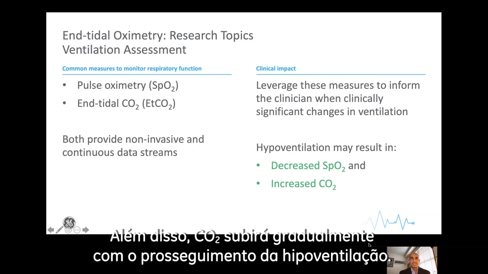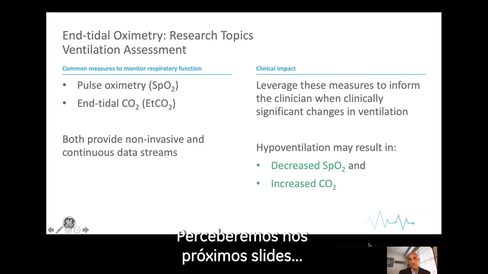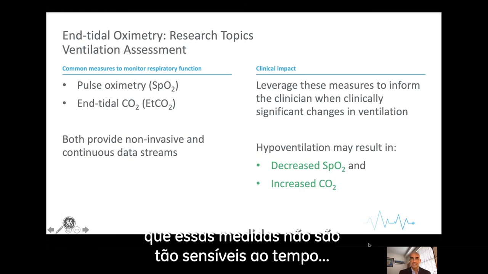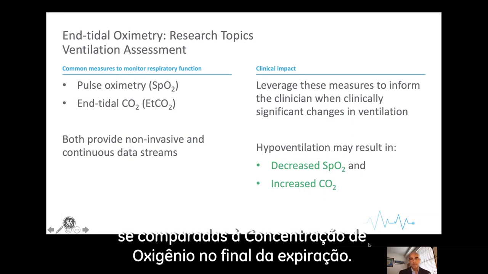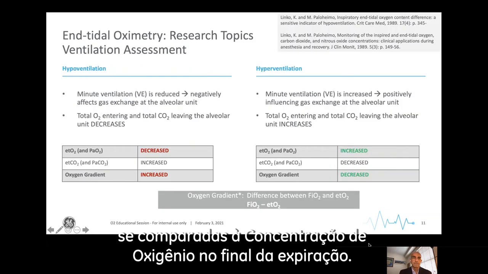In addition to that, the CO2 will gradually climb as hypoventilation continues. Interestingly enough, and you'll understand that in a couple of slides, these measures are not as sensitive or time sensitive compared to utility of end tidal oximetry.